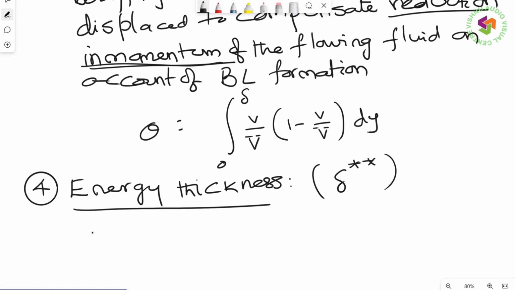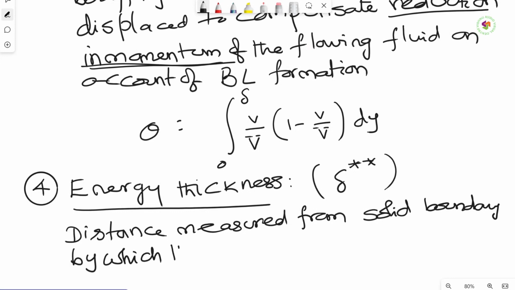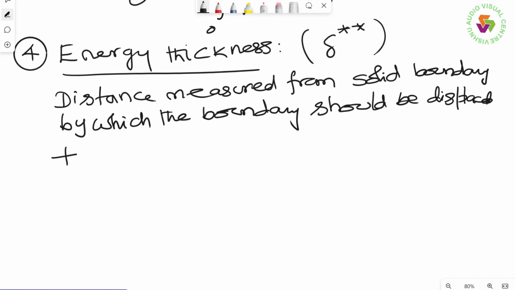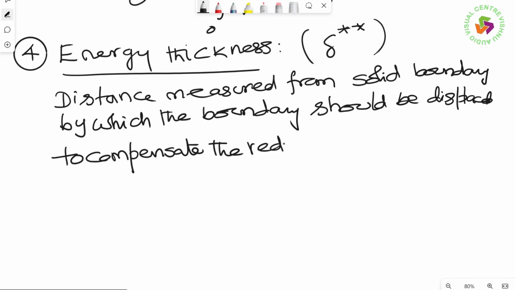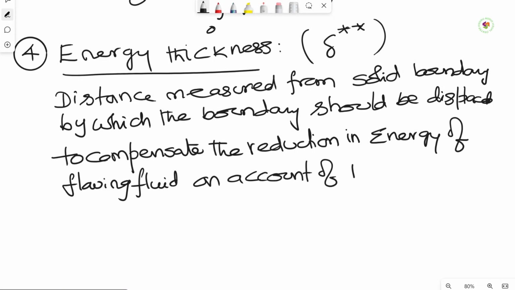So this is again the distance measured from the solid boundary perpendicular to it, by which the boundary should be displaced to compensate the reduction in energy of the flowing fluid on account of the boundary layer formation.